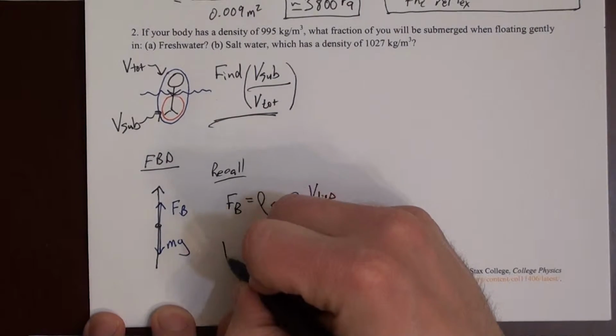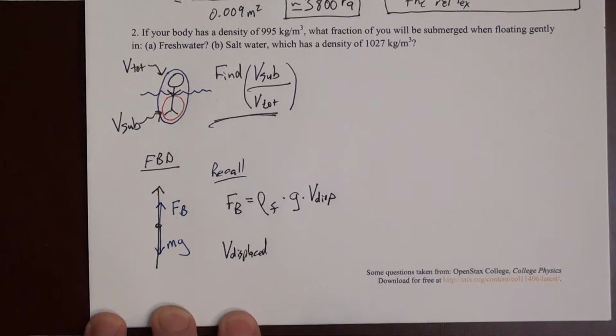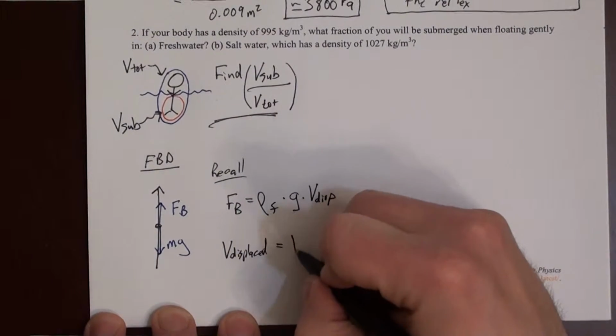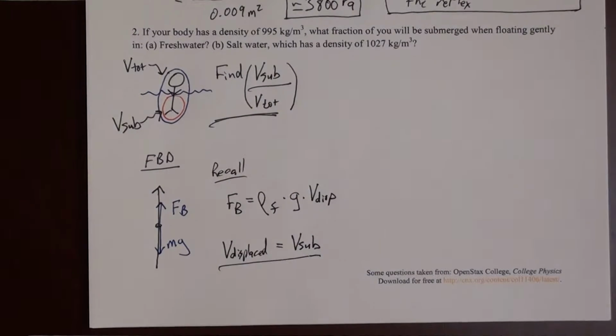And V displaced in this case is equal to the volume submerged. So this is Archimedes' principle, just saying that when an object displaces a fluid, it feels the force that the fluid it displaced was feeling.